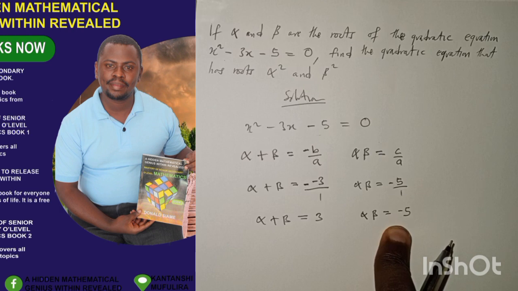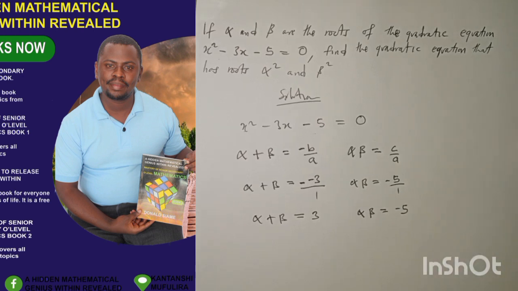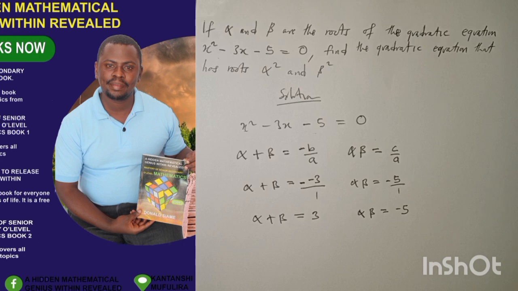Now we want to solve for the equation whose roots are alpha squared and beta squared. So these roots we're supposed to calculate the sum and the product for. For the sum, you just add the roots; for the product, you just multiply the roots.